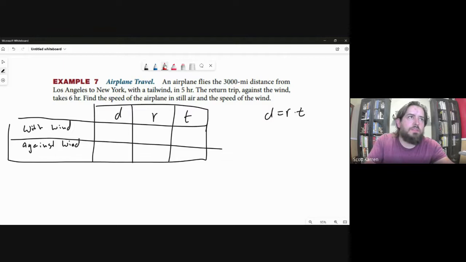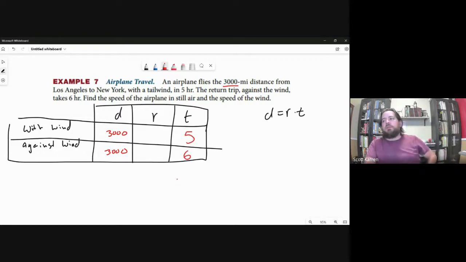In both of these cases, they're flying the same flight. It's 3,000 miles. And I know that when it goes with the wind, it's going to take 5 hours, and when they go against the wind, it's going to take 6 hours. So those I know. I don't have to do anything special there.